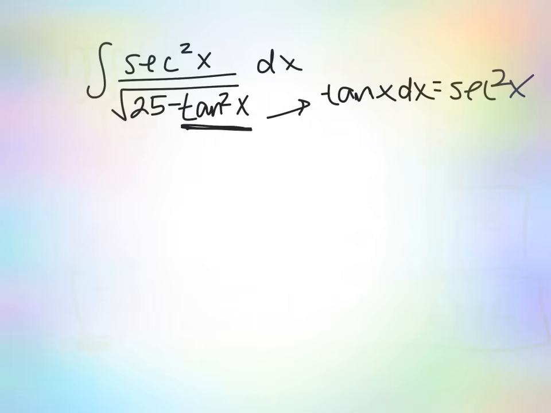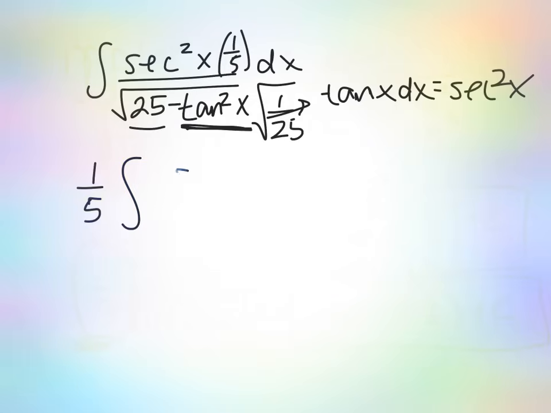We want to get a 1 where the 25 is, so you have to multiply by the square root of 1 over 25. Sorry, it's getting kind of messy over here. And then 1 over 5, because the square root of 1 over 25 and 1/5 are the same thing. So we're going to bring the 1/5 out to the outside.